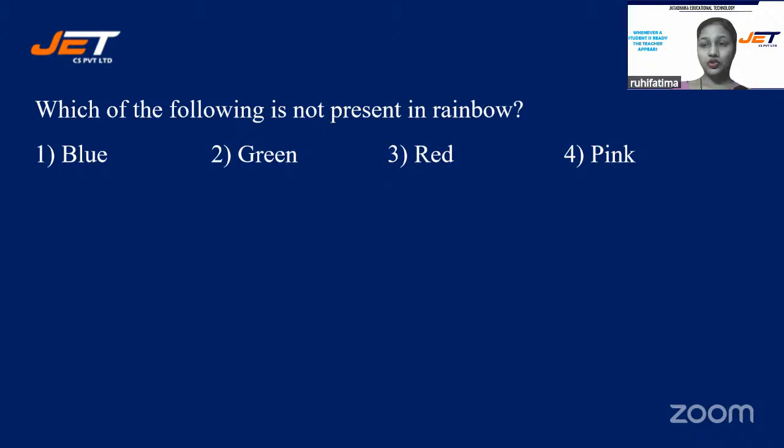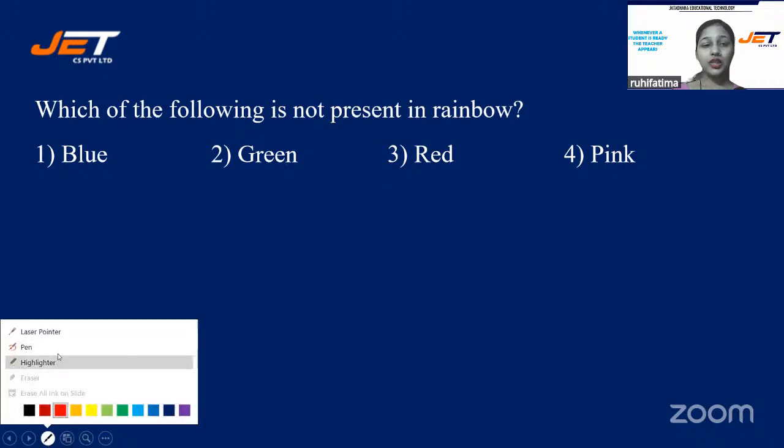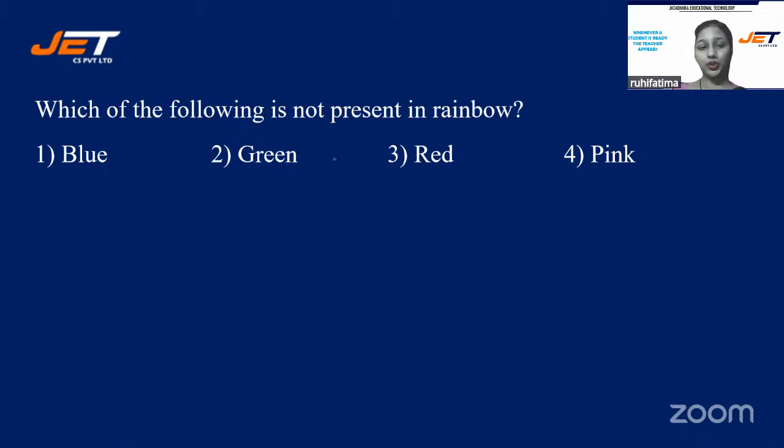Hurry up, students. Your 20 seconds are running very fast. Which of the following is not present in rainbow? Blue, green, red, or pink? You have to tell the specific color which is not present in rainbow.